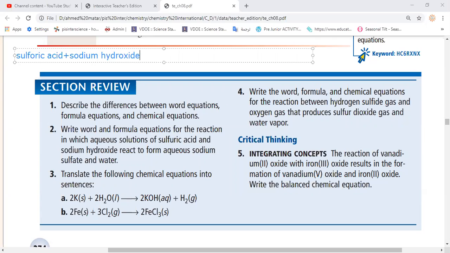So then it will yield sodium sulfate plus water. So that's the word equation. Good. Let's try to make it as a simple formula equation. So what is the formula of sulfuric acid?